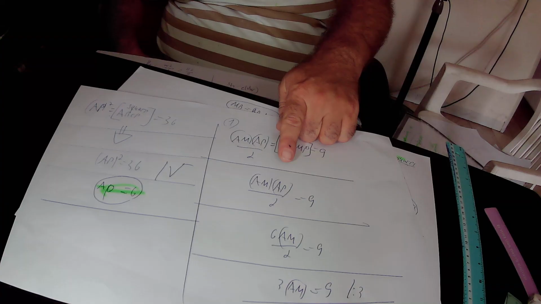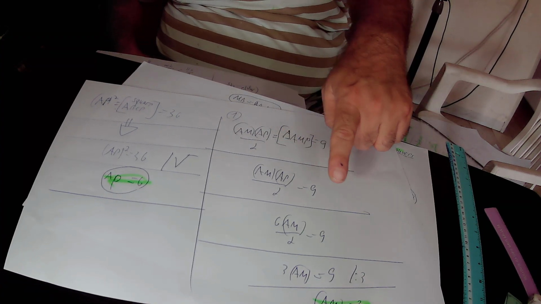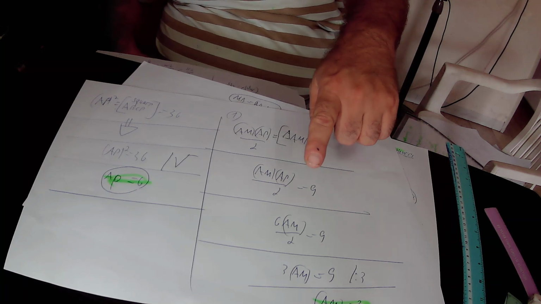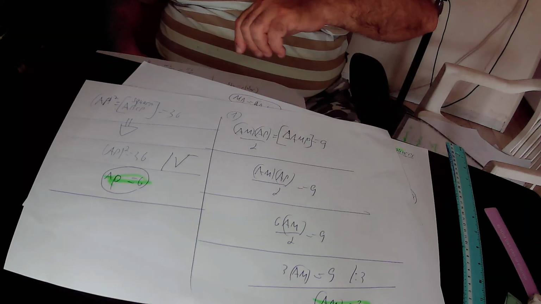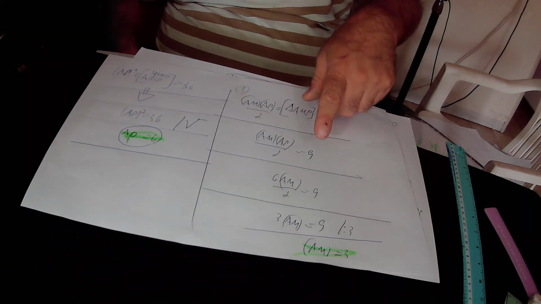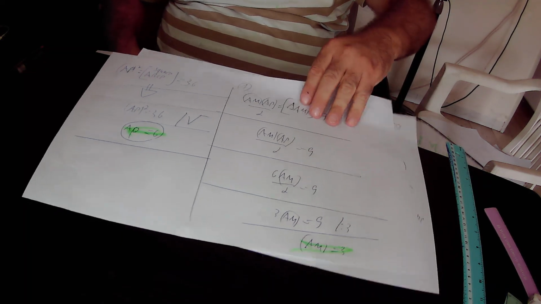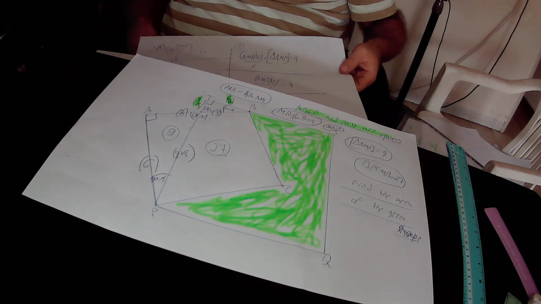AP is 6, therefore we substitute AP by 6 and find that 6 over 2 is 3, so 3 times AM equals 9. Here we divided the equation by 3 and found that AM equals 9 over 3, that is 3. So side AM equals 3 units in length.